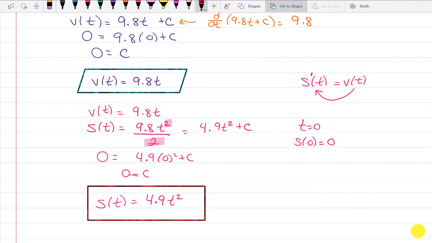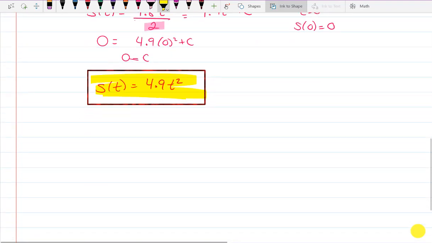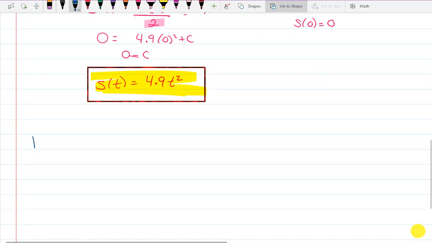And that's it. We found our velocity formula, and we found our position formula. Now for part B. This one's a little trickier. What I want you to do is try it on your own. I'm going to get it set up, and then I'll let you guys go.